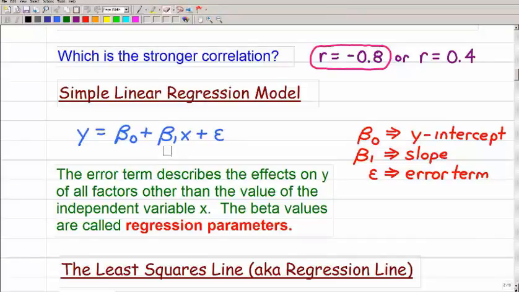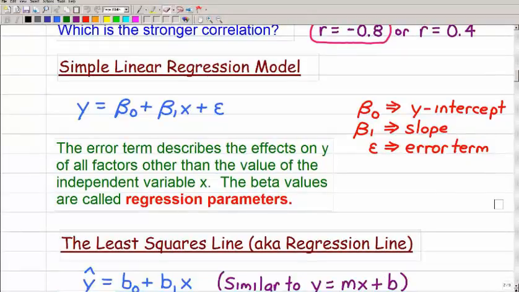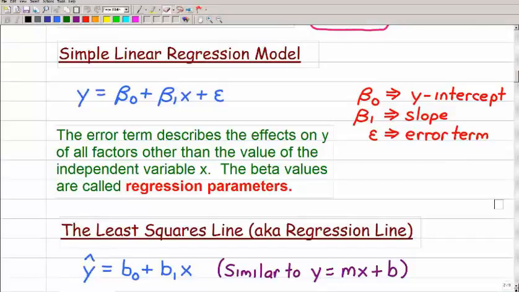Other factors besides x that may affect y are part of the error. These are called the regression parameters. Now we're going to use sample statistics and a sample model, called the least squares line, which is our approximation of the actual parameter regression model.